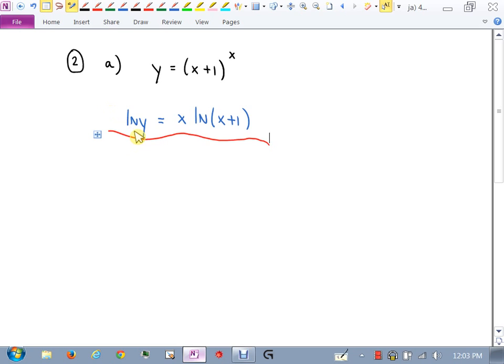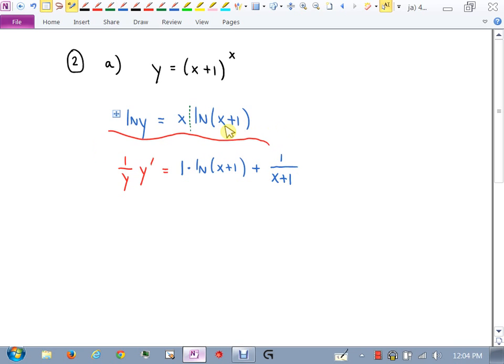So what is the derivative of natural log y? 1 over y times y prime. And then over here on the right side, product rule. All right, what is the derivative of x? 1 times natural log of x plus 1, plus, what's the derivative of natural log of x plus 1? 1 over x plus 1.